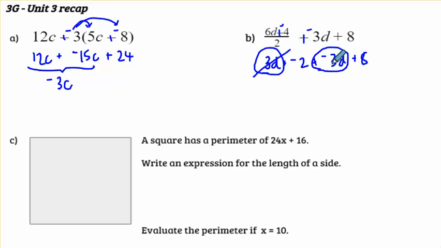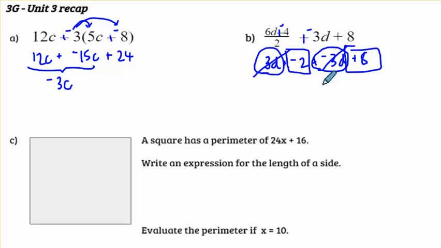So they basically go away. Now, this is where you have to be really careful with your signs. We have a -2 added to a positive 8. A lot of you had the answer of 10. So just remember the signs are not the same. So think about what you're going to get if you have a -2 added to a positive 8.